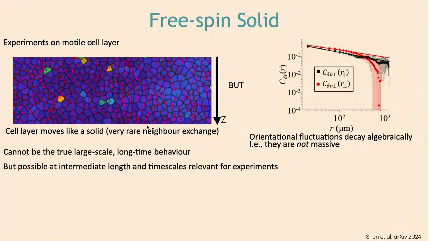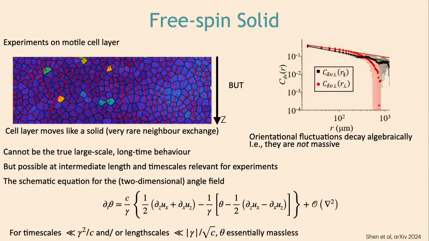But it can be possible at intermediate length and time scales, because you have a theta dynamics of this sort, and for time scales smaller than this, or length scales smaller than this, the theta dynamics essentially remains massless. What that means is I've actually illegally switched off effectively a coupling that is required by symmetry in my free energy, okay? And that coupling is relevant. So if that coupling was switched on, I'll move away from this fixed point, okay?